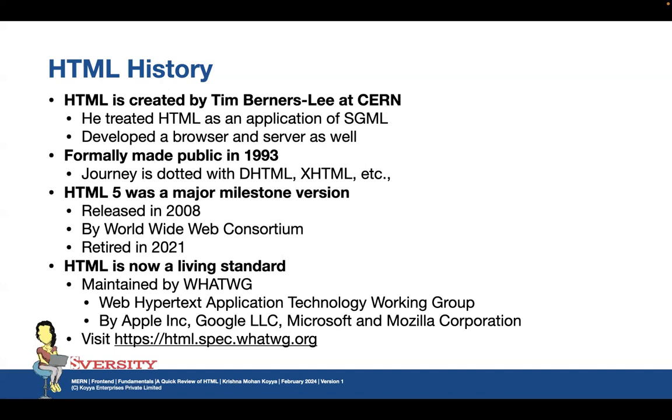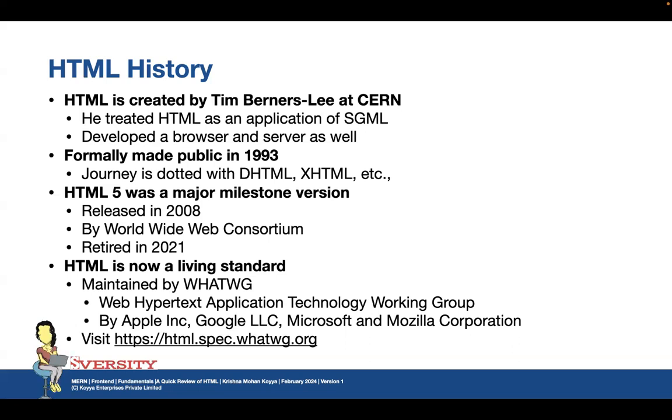And since then, the journey has been dotted with various extensions to HTML in the form of XHTML, which is XML based, DHTML, HTML with dynamic elements, etc. In 2008, a major milestone happened that is now known as HTML5.